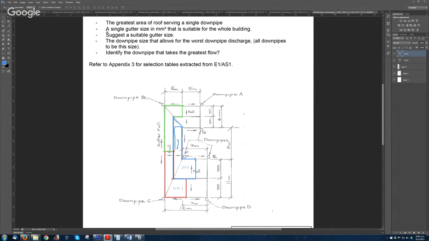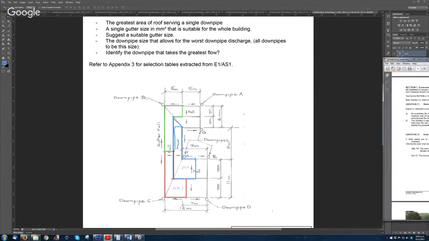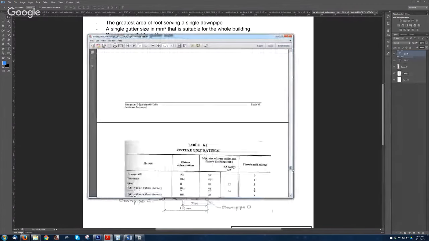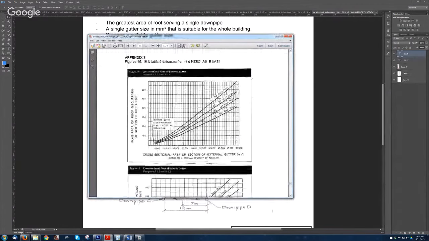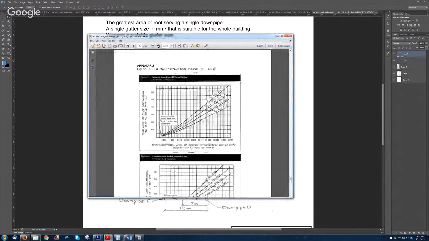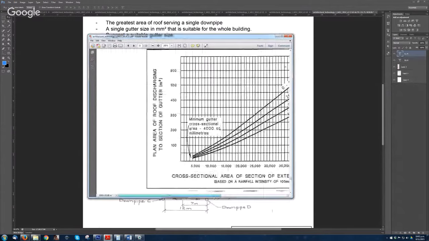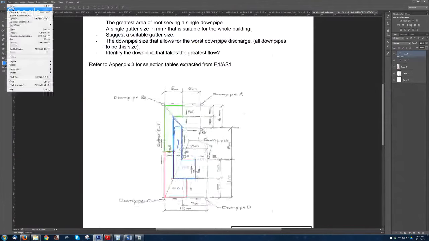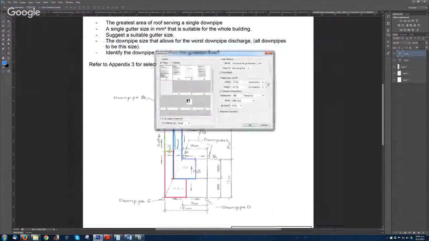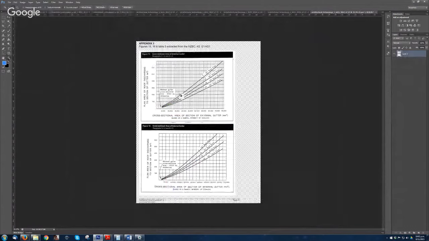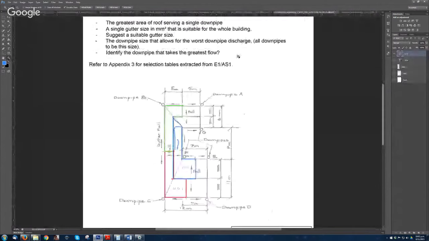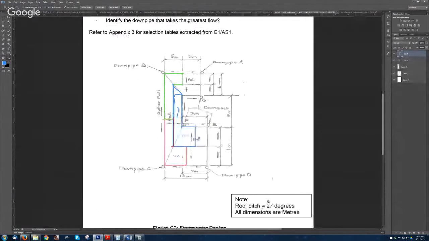So then for the single gutter size, you have to look at the gutter chart, which is this one here. We know that the roof pitch is 27 degrees.